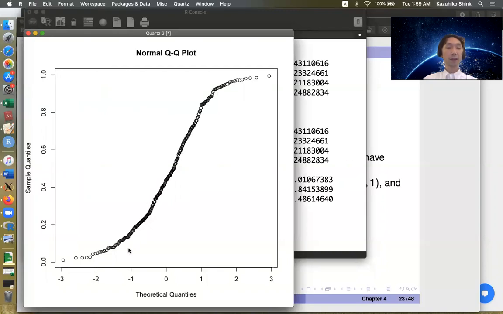But if the trend line is around here, these observations are clearly below this trend line because all observations are less than 1. We cannot go further; it cannot exceed 1. So the largest observation is maybe 0.99, the second one 0.98 or something like that. And the other end is the same. If we see this pattern, we can tell the distribution of these observations has a light tail.